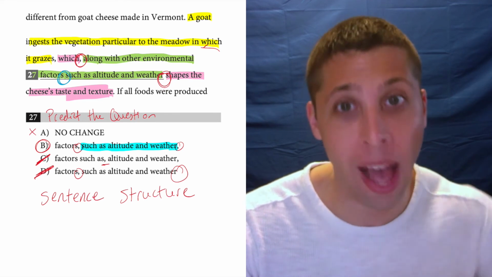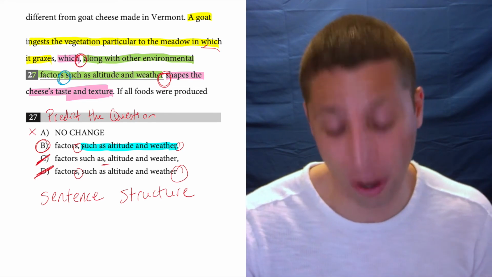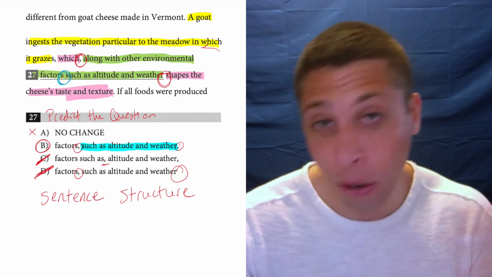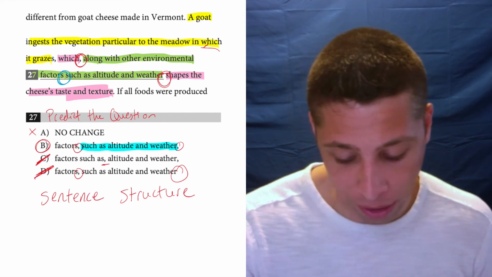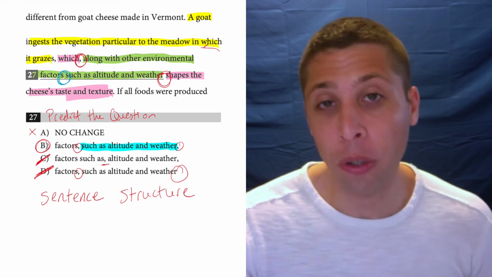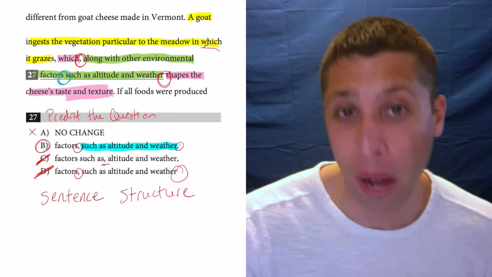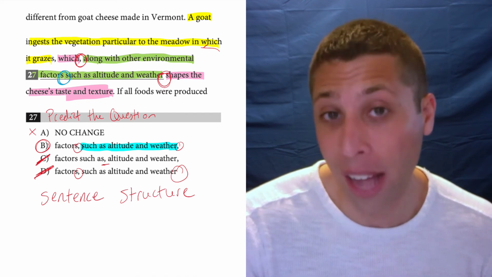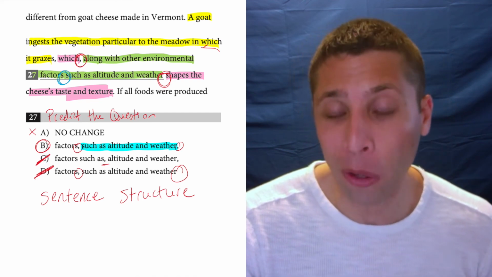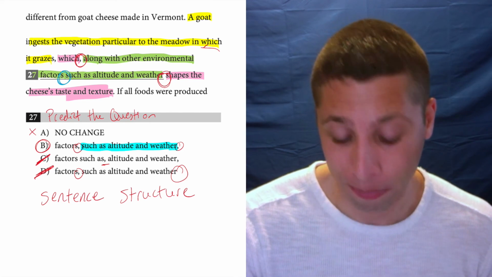And so that comma is required. And no choice includes that comma and also includes the one after "factors," right? So there's a lot of choices that come close, but only choice B gives us a valid way of punctuating this sentence. A valid way of a couple ways, but it's the only one that's valid that we have to choose from.